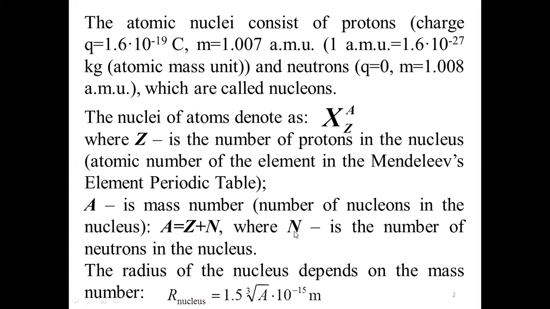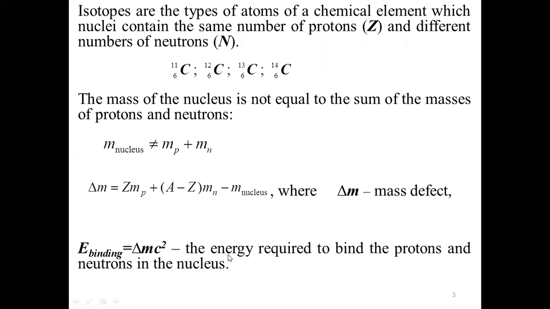For the estimation of the radius of the nucleus, we have an empirical dependence, which you can see in this slide. This dependence shows us how radius depends on mass number, as a power of 1/3 of the atomic mass number.